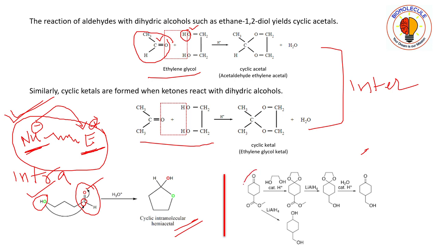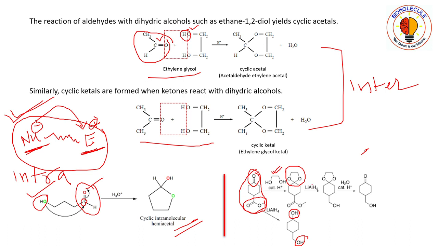One use is that this is used in the protection of carbonyl compounds. So this is one compound. If you treat it with lithium aluminum hydride, you can see here this has a ketone group and one ester group. So both the ketonic group and ester group are reduced to alcohols. Ketones are reduced to secondary alcohols and esters to primary alcohols. But if we use this dihydric alcohol, it will just protect the carbonyl group by forming a cyclic ketal.